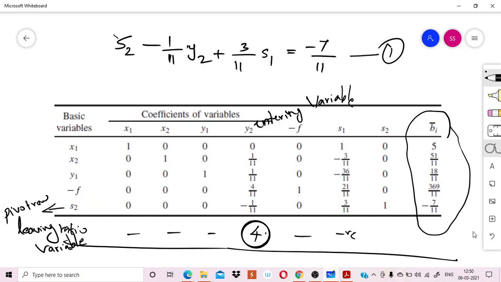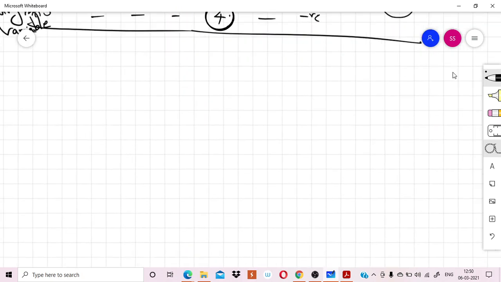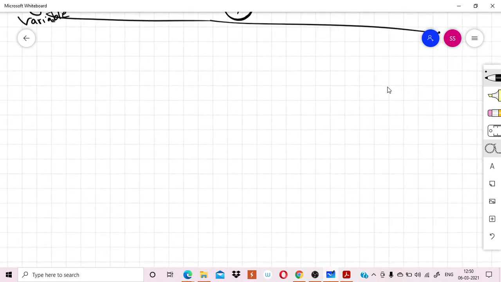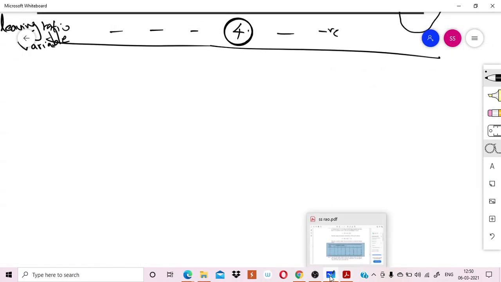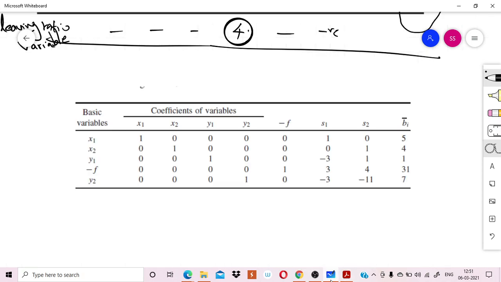Then after pivotization, the updated table will look like this.